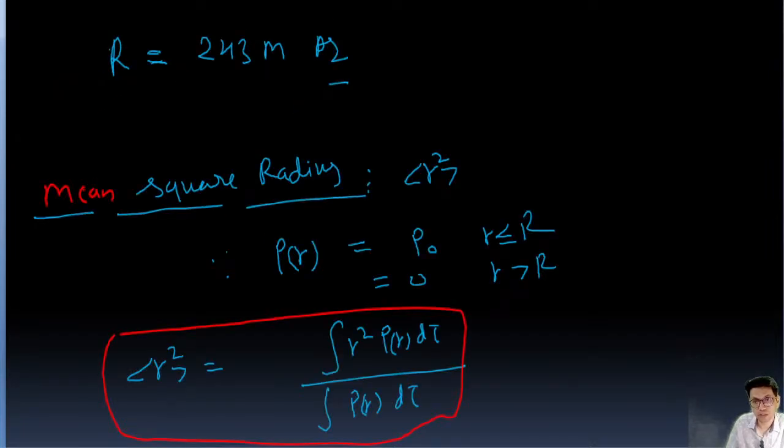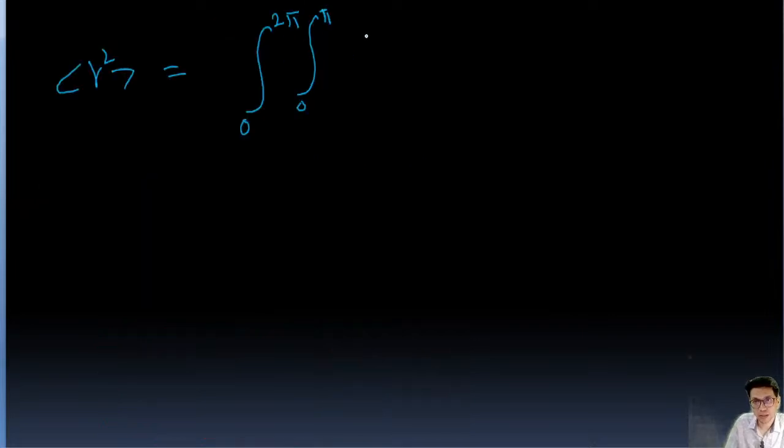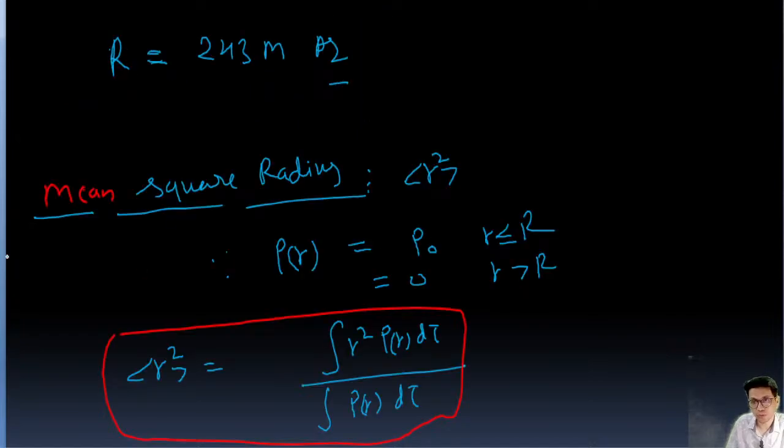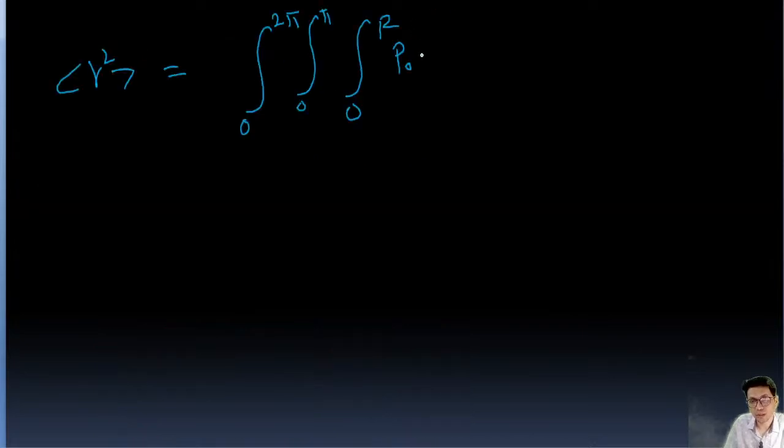Integration 0 to 2 pi, because this integration is over all space, right? And then d tau is there, 0 to pi, and integration 0 to R of rho naught, because rho value is rho naught when r is less than or equal to R, right? And d tau value we know, right?